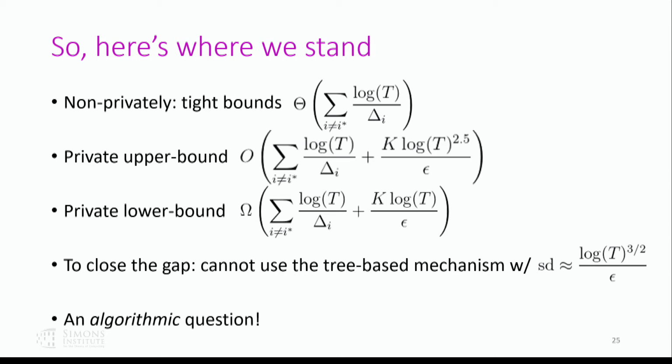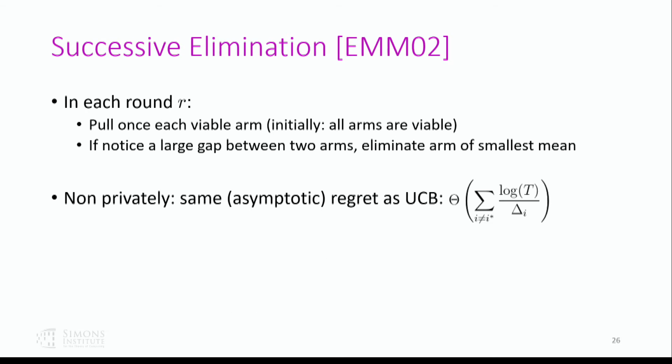To what algorithm? To a different algorithm that solves the problem of multi-arm bandits, successive elimination. Also a folklore algorithm. Even-Dar, Mannor, Mansour formalized it, but I think it was known prior to them. Basically, it works in iterations, in rounds.